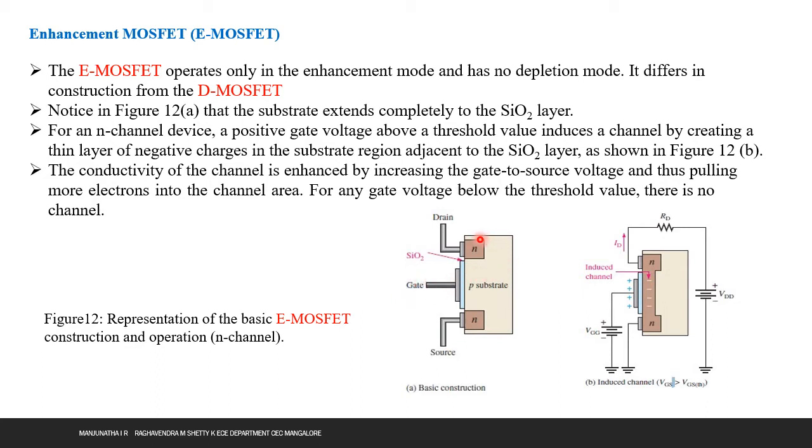Next, we have two N regions, and between the two N regions we have a P substrate. The N regions are fabricated inside the P substrate. The mass of the P substrate is more than the N substrate.